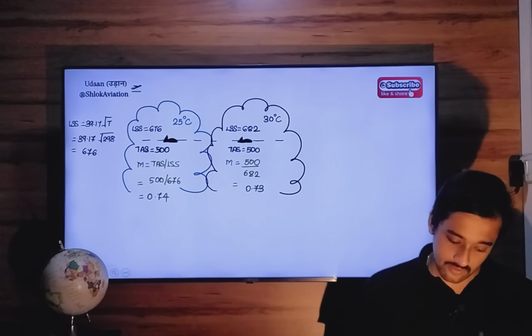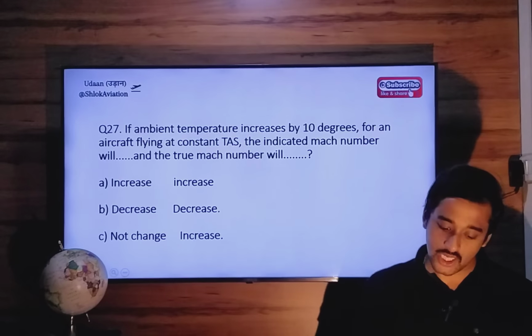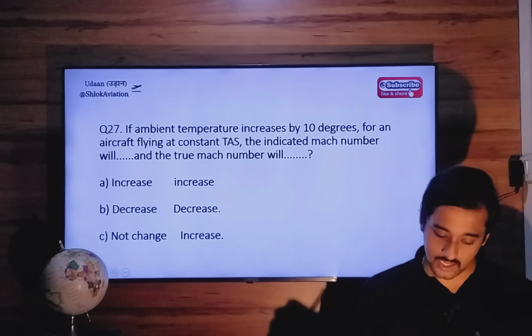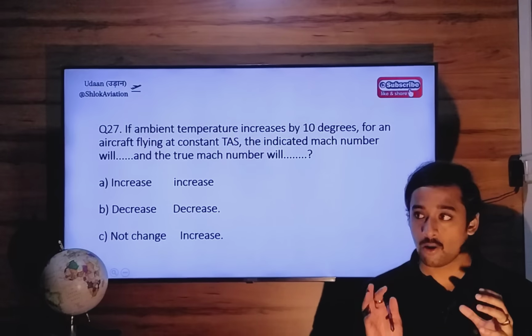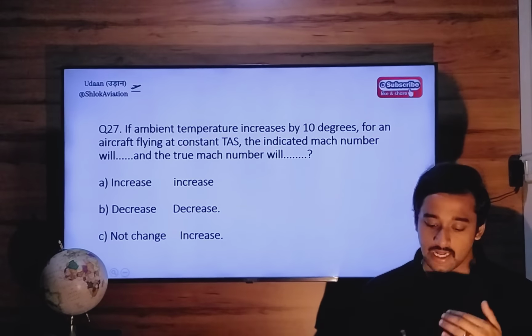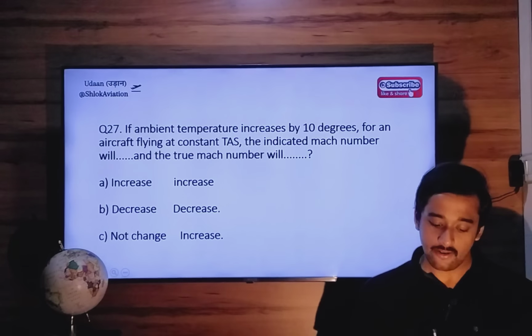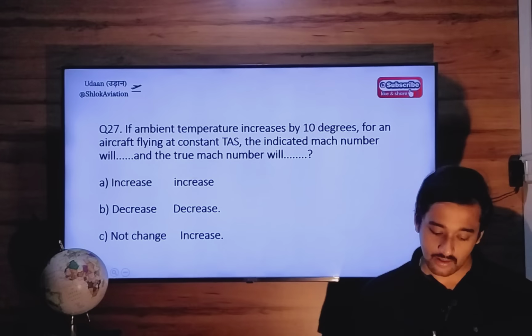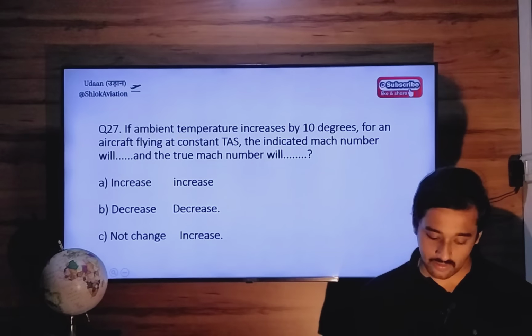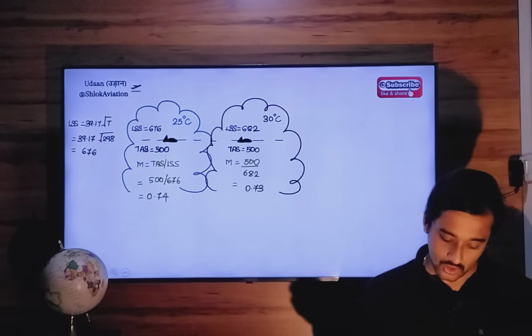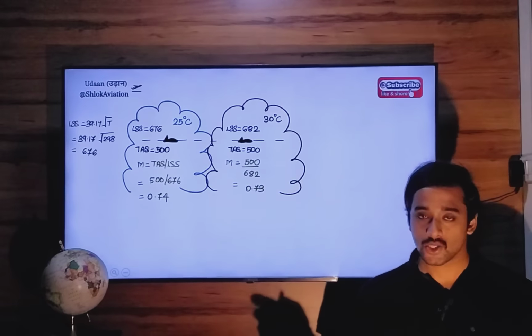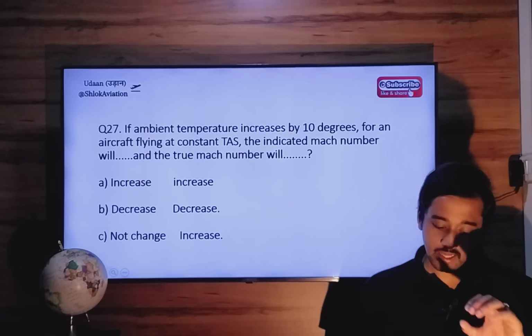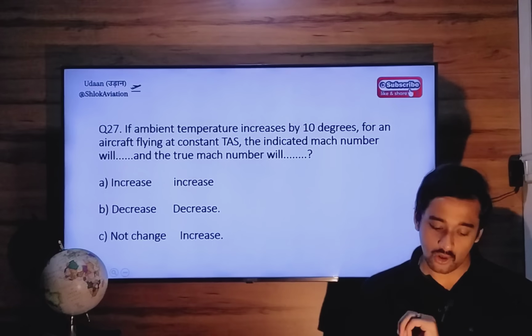Question number 27. If ambient temperature increases by 10 degrees Celsius, that means outside temperature increases by 10 degrees Celsius, for aircraft flying at constant TAS, what will happen to indicated Mach number and true Mach number? I can explain the answer with the same logic.